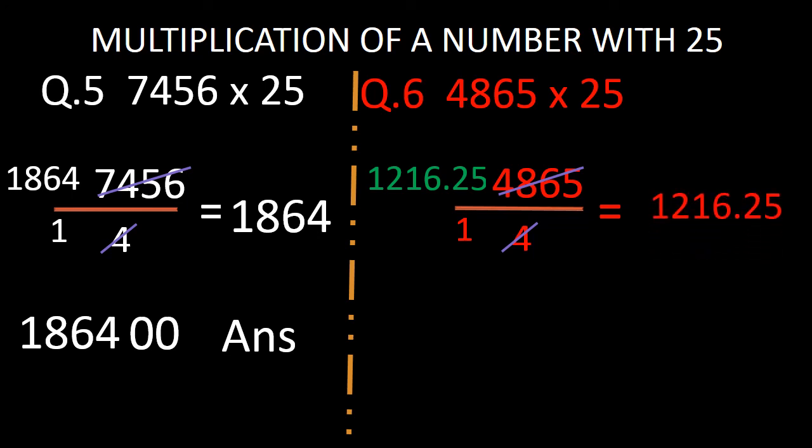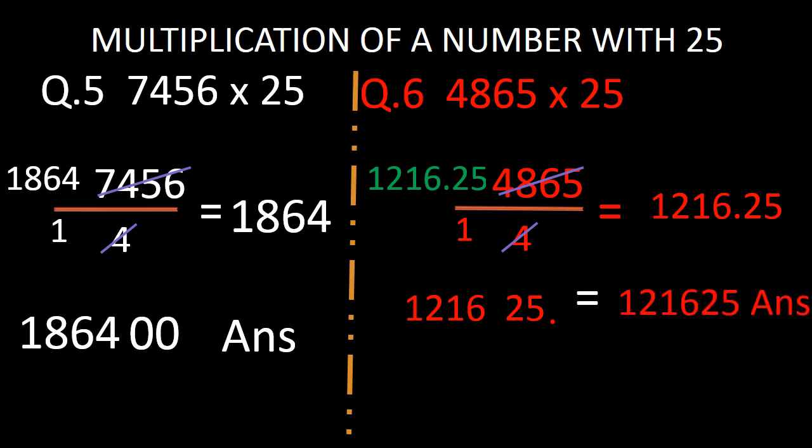So what will we do with this quotient? According to rule number 3, I will bring this decimal point 2 degrees rightward. By bringing this 2 degrees rightward, we will get our answer. And now the decimal point has been finished, and our answer is 1,21,625. So this is the answer, and this is our today's lecture.